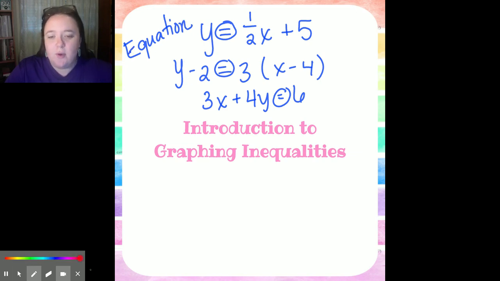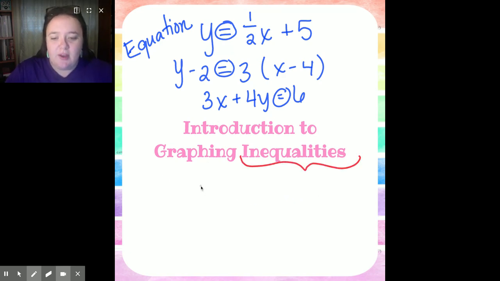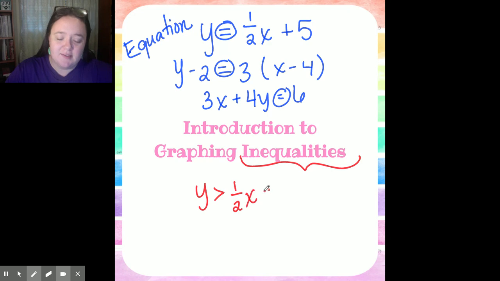Now in this video, we're moving on to inequalities. And inequalities are going to work just the same, right? We're going to have inequalities that look like y is greater than 1/2 x plus 5. It has an inequality symbol here instead of an equal sign.